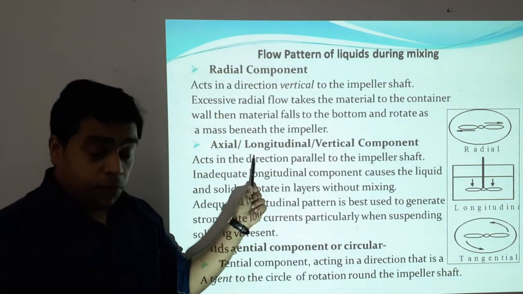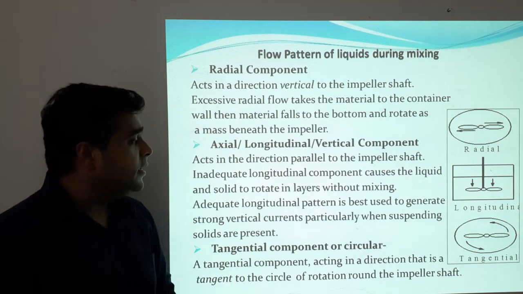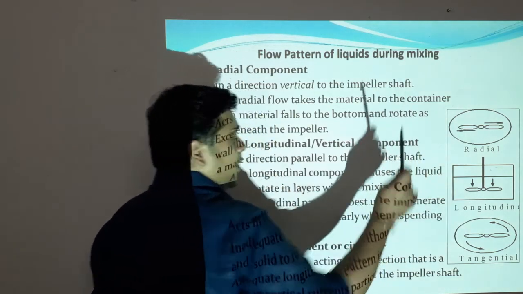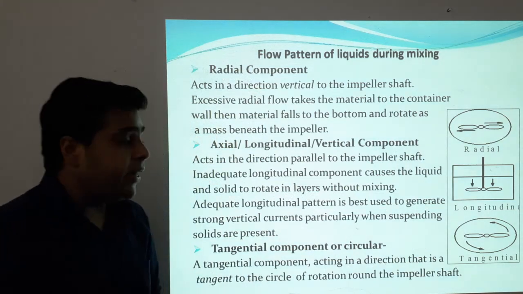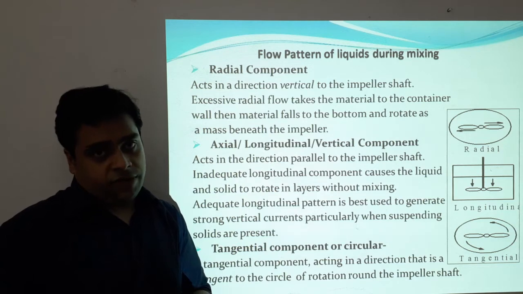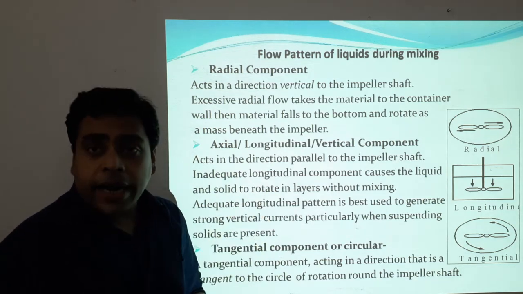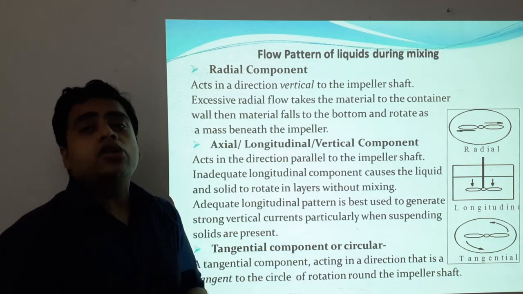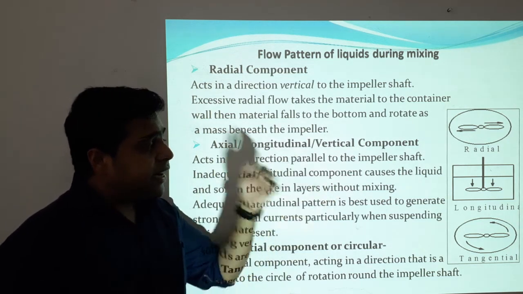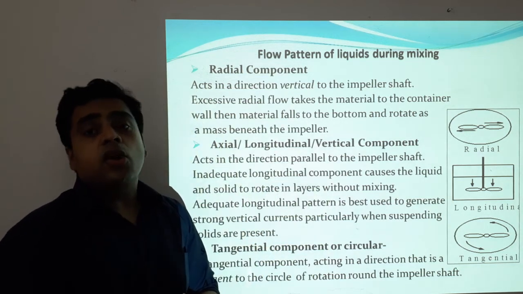Next come to the most important movement: the axial, longitudinal or vertical component, which acts in the direction parallel to the impeller shaft. Inadequate longitudinal components cause the liquid and the solid to rotate in layers without mixing. So if this longitudinal movement is not proper, then proper mixing doesn't occur.